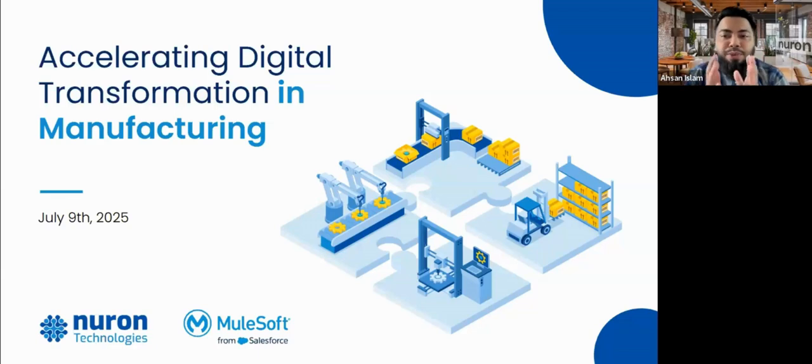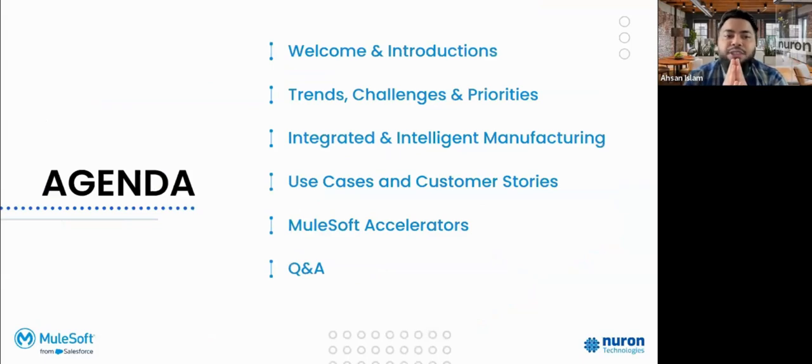Now I want to take a moment to explain why we are here and what we hope you will take away from today's session. Across the manufacturing sector in Bangladesh, we have seen some common challenges: disconnected systems, delayed decision making, and difficulty adapting to change, especially when legacy platforms and manual workflows are involved.